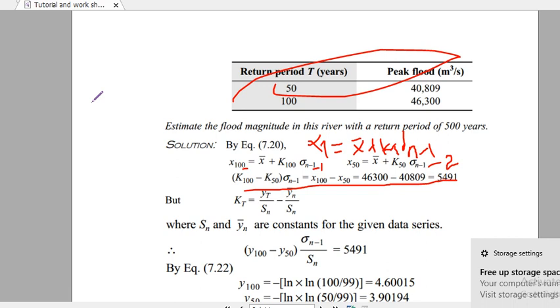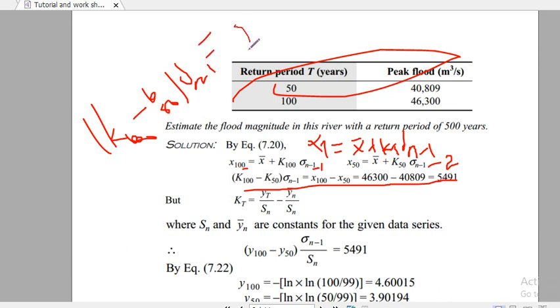So this is the difference. That means q at 100 return period minus q at 50, times the standard deviation, is equal to 5,491. But K_T is equal to y_T minus y_n over s_n. Y_T can be calculated using the return period.